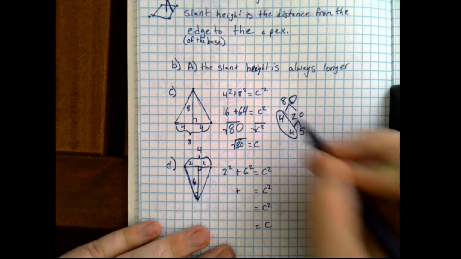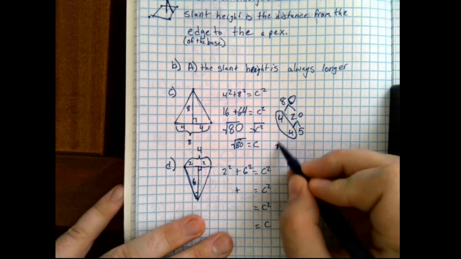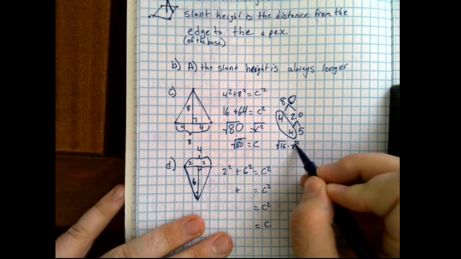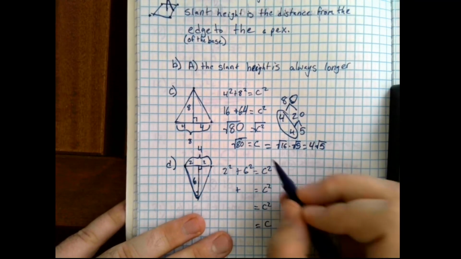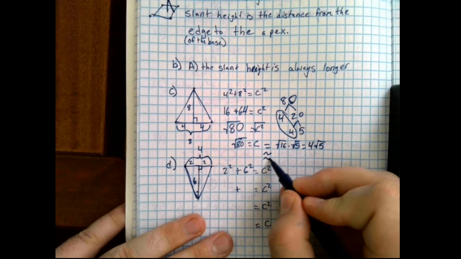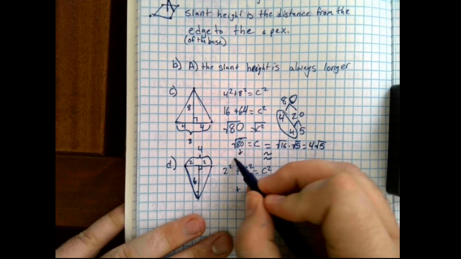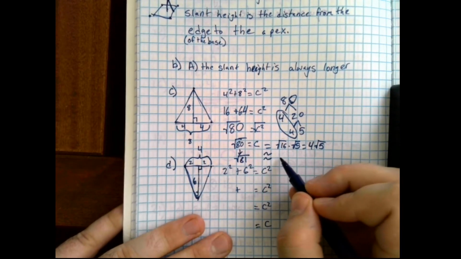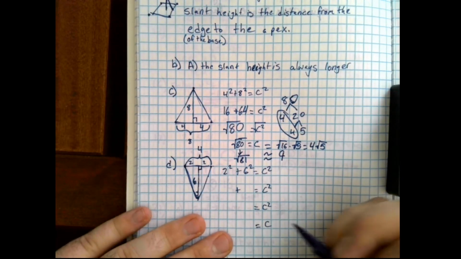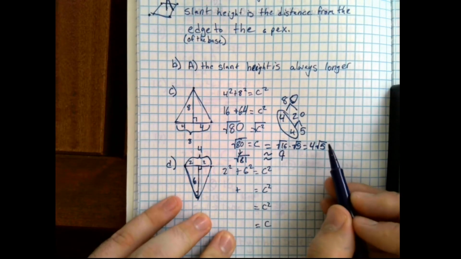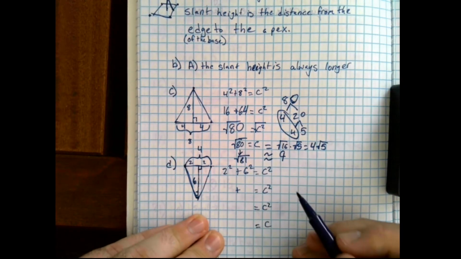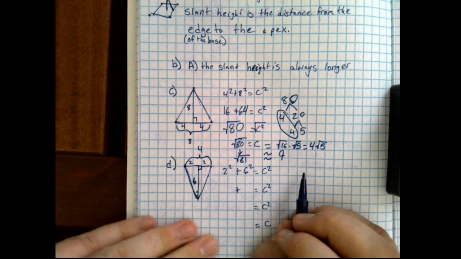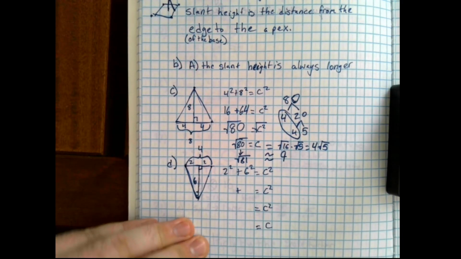Notice we have 4 and 4, so it is root 16 times root 5, or 4 root 5. If, however, you are able to estimate, 80 is close to 81, which means that this is going to be about 9. If you want an exact answer, this would be exact. If you're able to estimate and you're really close to another perfect square, just estimate to the perfect square. But only do that when it's asking you to estimate. Don't estimate when it wants an exact answer.